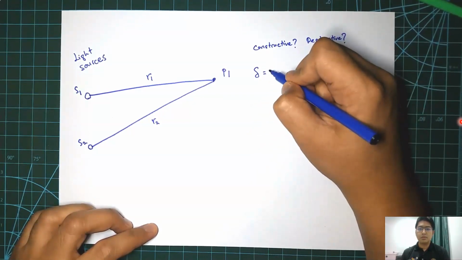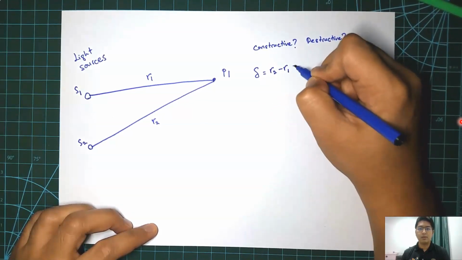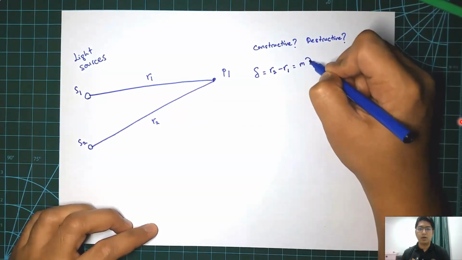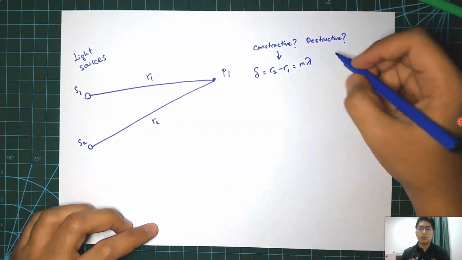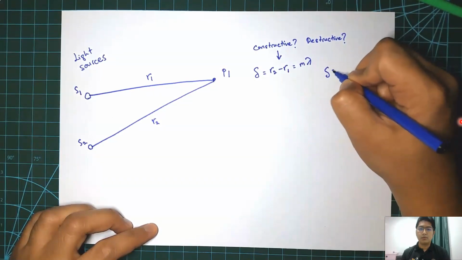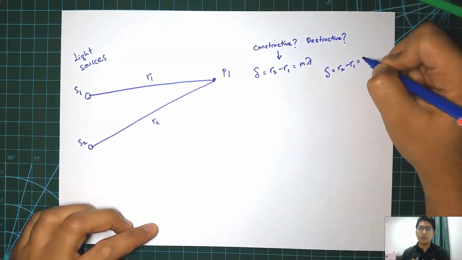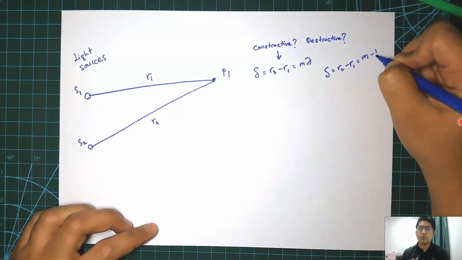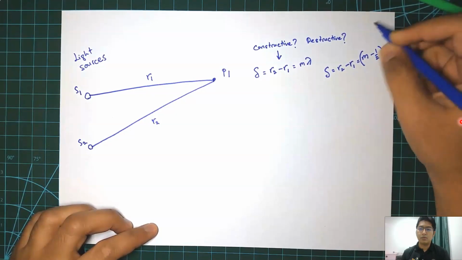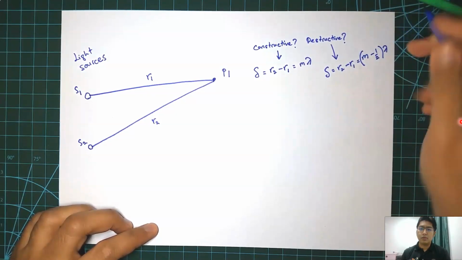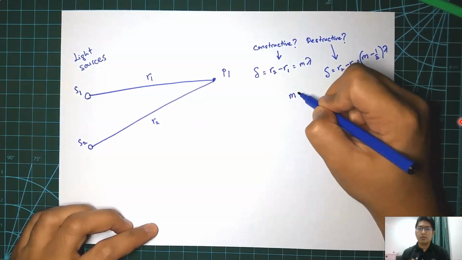So this is the symbol of path difference. We want to see the path difference between R1 and R2. So R2 minus R1 equals m lambda if constructive interference occurs, and then path difference R2 minus R1 equals (m minus half) times lambda if destructive interference occurs.